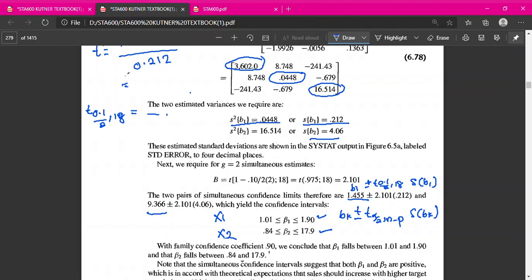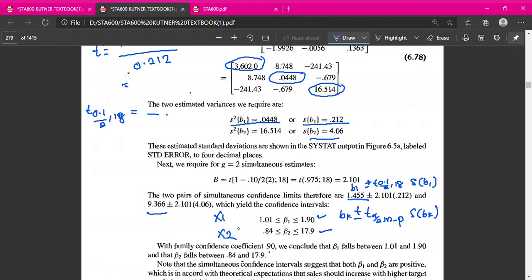Betul? If the interval includes 0, kalau include 0 maksudnya ada sebelah sini negatif, sebelah sini positif lah, sebab tu dia include 0 kan. Kalau satu negatif, satu positif, kita memang tak boleh nak interpret kan. So means that the variable is not significant. Okay, satu menaik, satu menurun. Okay, so kalau your interval here does not include 0, then we can say that the variable is significant.